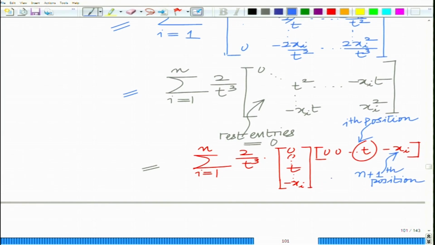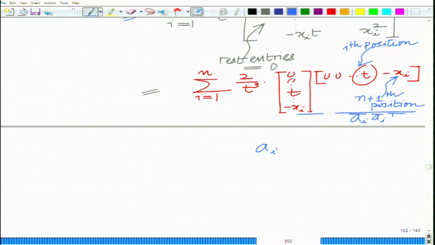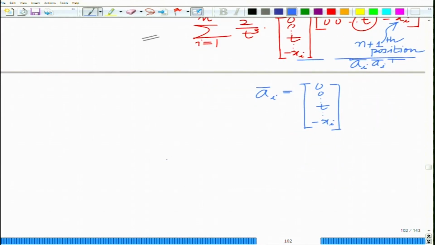Basically I am decomposing this as ai bar ai bar transpose. So, ai bar is the vector which has t in the ith position and minus xi in the n plus 1th position, and therefore, I can write this as the summation of 2 over t cube ai bar ai bar transpose.